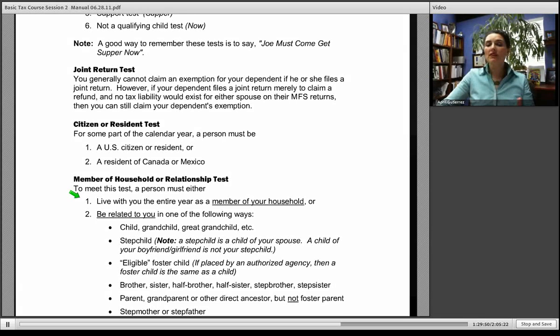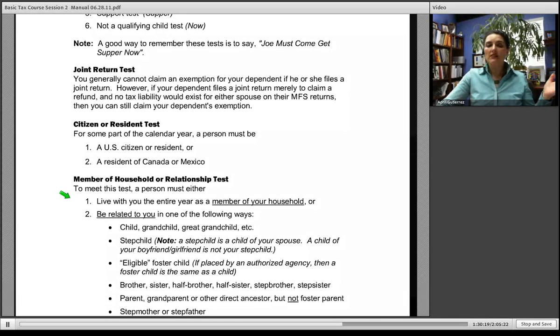But remember, under the qualifying child rules, we stated that a person is your qualifying child if they meet all the tests for being a qualifying child. And one of the tests is that you cannot be the qualifying person of another filer. But another test, when we get to the qualifying relative test, is that your qualifying relative cannot be the qualifying child of another filer.